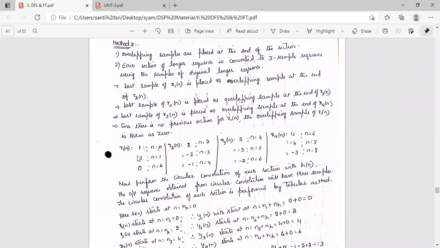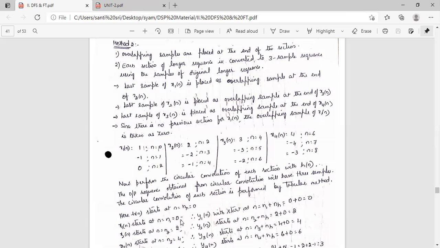See here, this is the second sample, -1, so this is the third sample of this section. For this one, the third sample of this section is the second sample of the previous section, and here 0 will be appended, and everything else is the same as in the previous method.